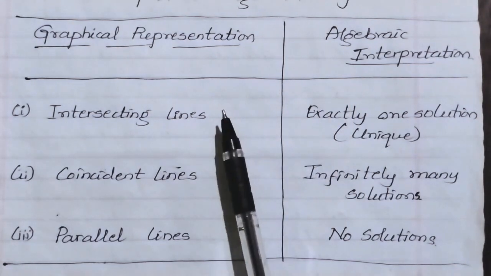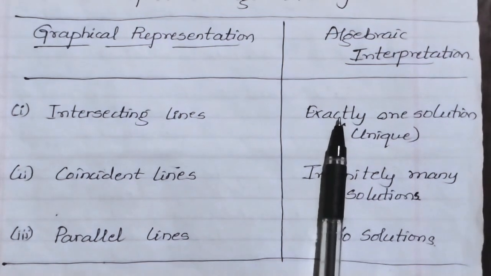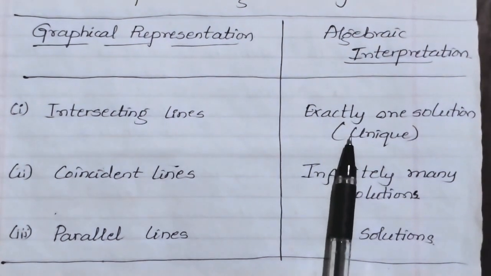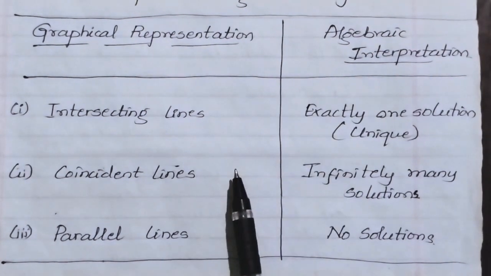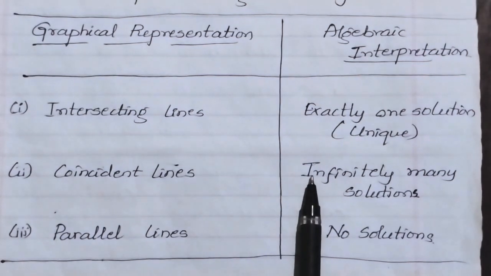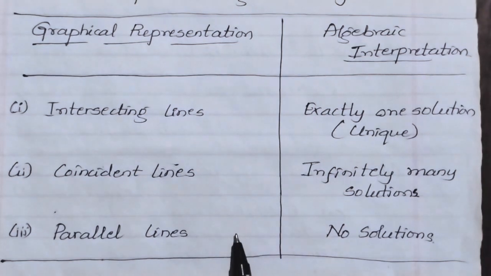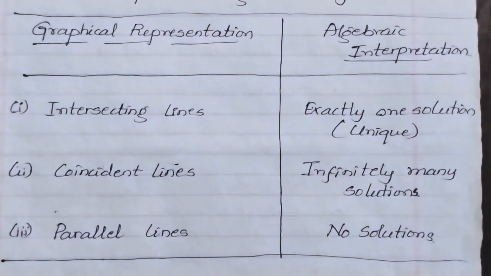If the lines are intersecting, then they have exactly one solution, a unique solution. If the lines are coinciding, then they will have infinitely many solutions. If the lines are parallel with one another, then the pair of linear equations has no solution. So remember this table to study the pair of linear equations.